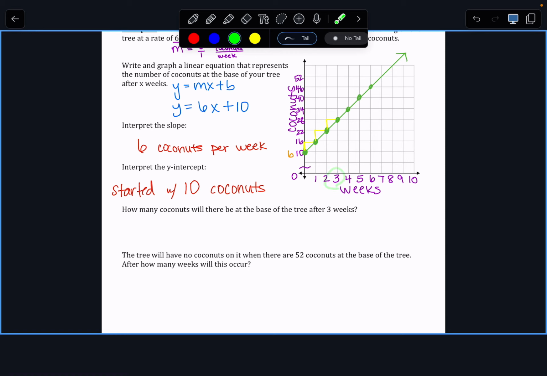If I look at my 3 weeks and I look up here at that coordinate, how many coconuts? 28, right? Okay, here's 3, so I go up to, here's my coordinate. Its y-coordinate is 28. So I can say, oh, 28 coconuts.